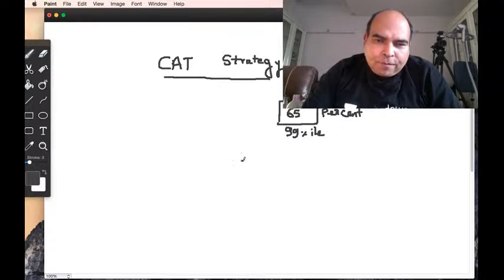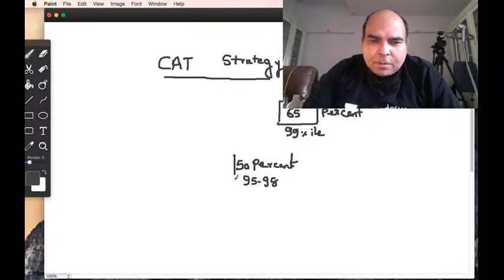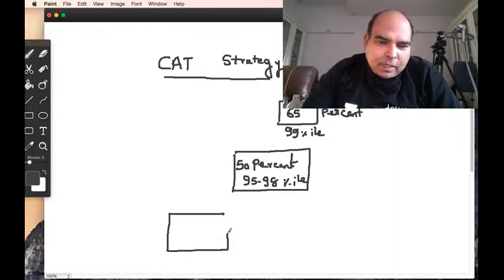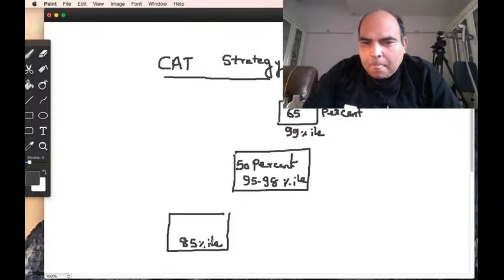Are you aiming for a 50% score in quants, which will take you to the 95 to 98 percentile range? Are you aiming for just clearing the cutoff, which means you're aiming for an 85 percentile overall? तो तुम्हारा कौन सा percentile target है उसके basis में?